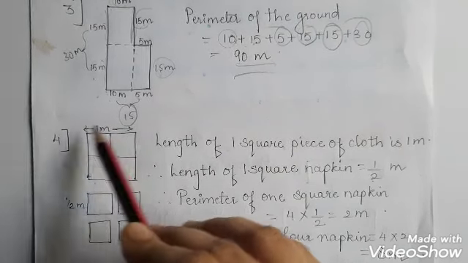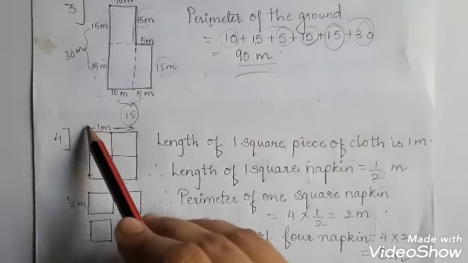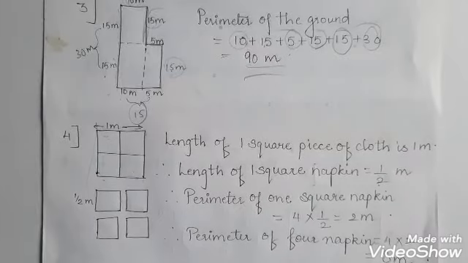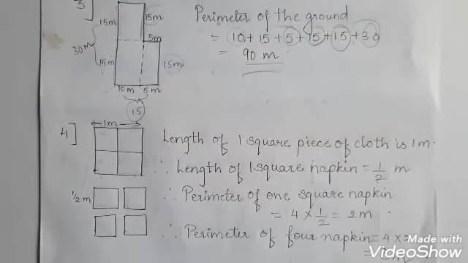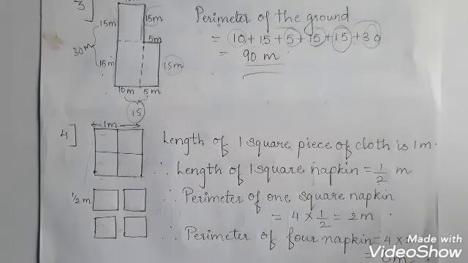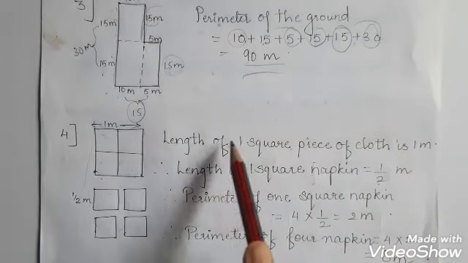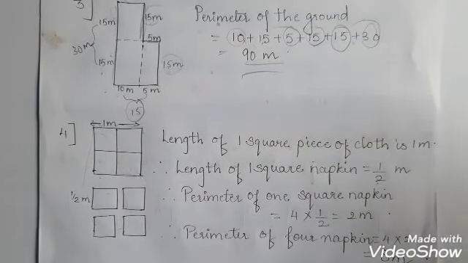So this is 1 meter, this is 1 meter, and this is 1 meter. So a piece of cloth which consists of 1 meter is square shaped. Now from this piece of cloth, 4 napkins are made of equal size. Now the length of the square piece of cloth is 1 meter each, right?